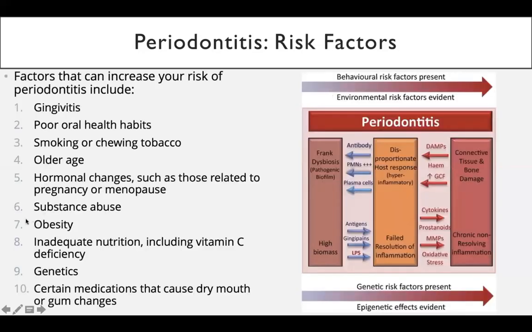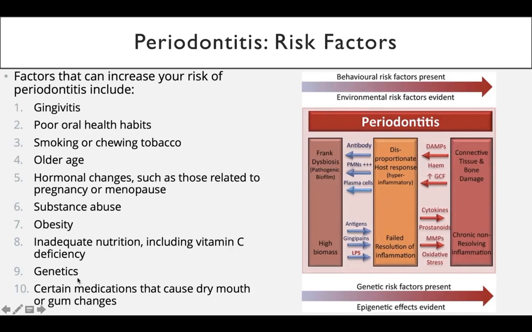What are the risk factors for periodontitis? As you know, periodontitis is an extension of gingivitis, so gingivitis is one of the risk factors leading to periodontitis. The other risk factors are the same as for gingivitis, which include poor oral health habits, smoking or chewing tobacco, older age, hormonal changes related to pregnancy or menopause, substance abuse, obesity, comorbidity, and inadequate nutrition, including vitamin C deficiency.